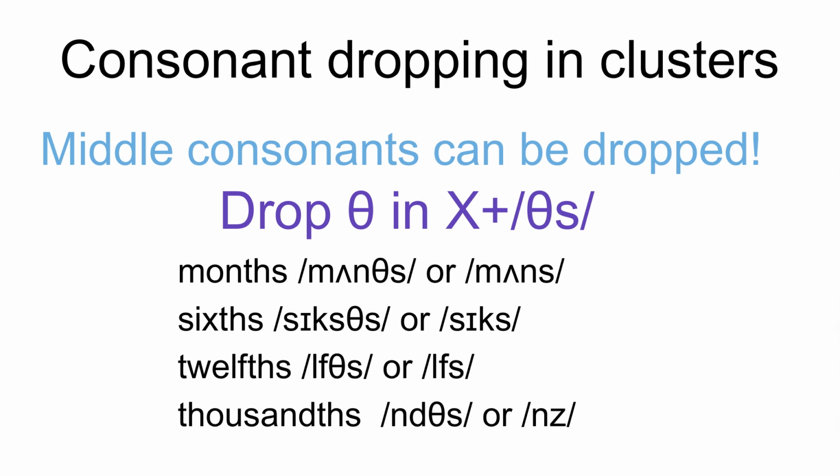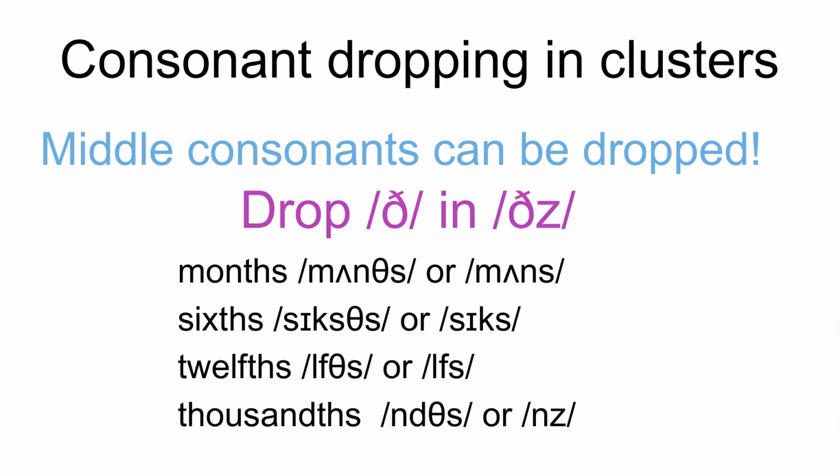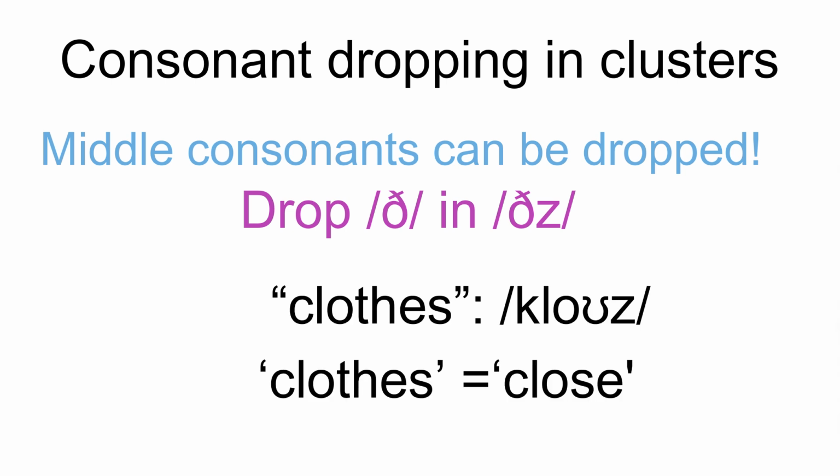The same is true with ths. We can omit the th, but not z. For example, clothes can be pronounced clothes. When th is omitted, clothes and close can become homophones.